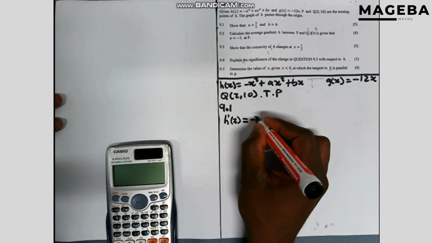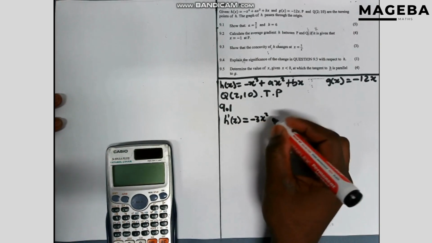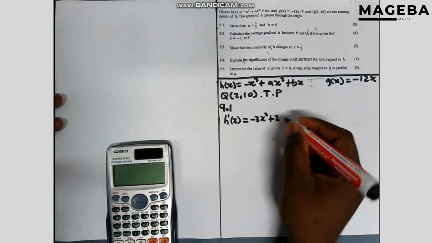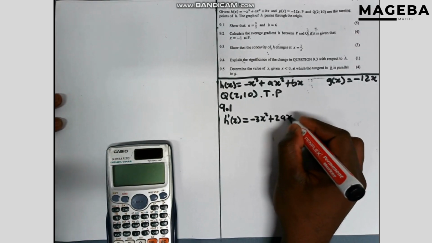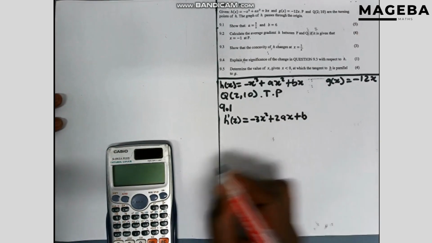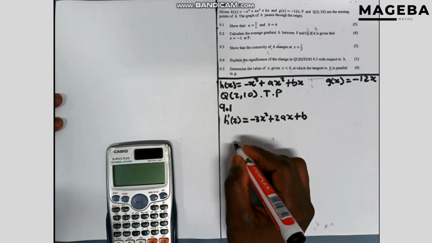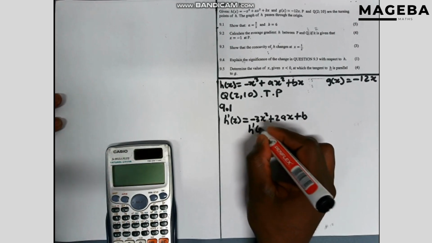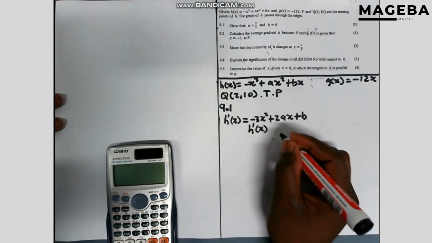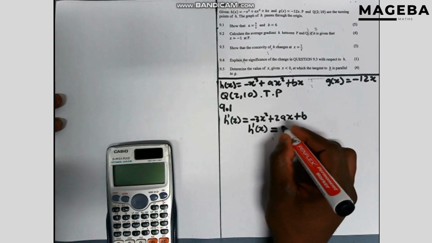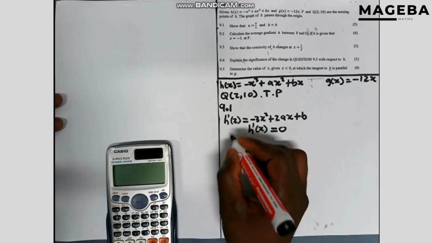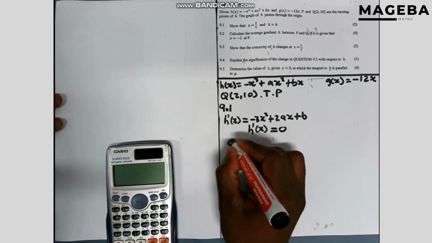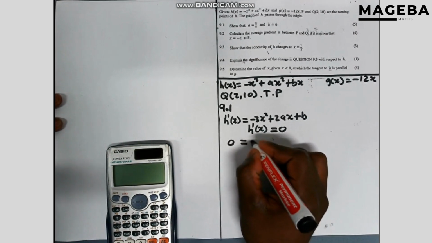It's going to be negative 3x squared plus 2ax plus b. Then after deriving the equation, you say h prime of x, you equate it to 0.